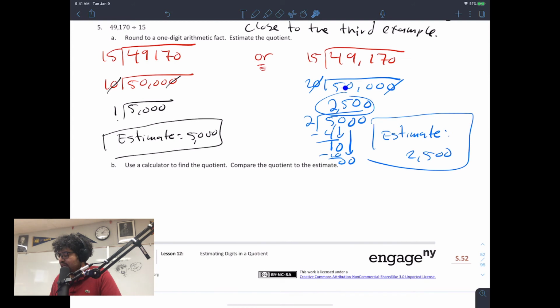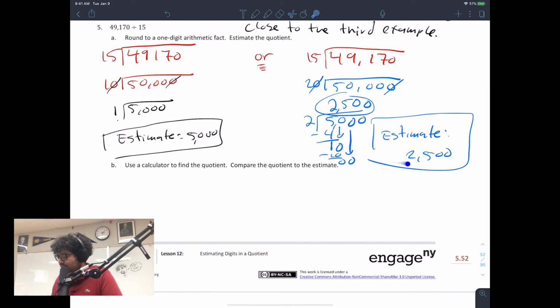But if you call it a 40,000, it's further away from the 49,000, so the estimate you get is going to be further apart from the actual quotient. So remember, the closer your estimation to the actual numbers, the closer you'll get to the actual quotient. So now you can say that your estimates vary.